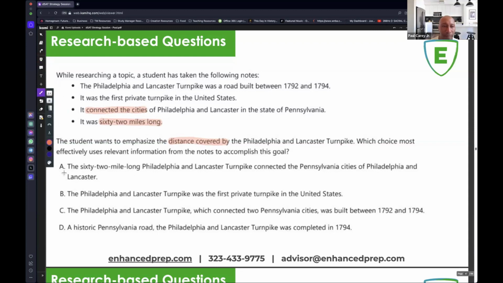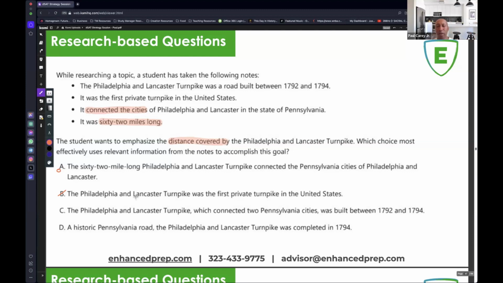So let's check out A: the 62-mile-long Philadelphia and Lancaster Turnpike connected the Pennsylvania cities of Philadelphia and Lancaster. Okay, cool. That kind of works. So we'll keep that for now. B: the Philadelphia and Lancaster Turnpike was the first private. Nope, doesn't work, right? So remember, a yes, a no, and a maybe.